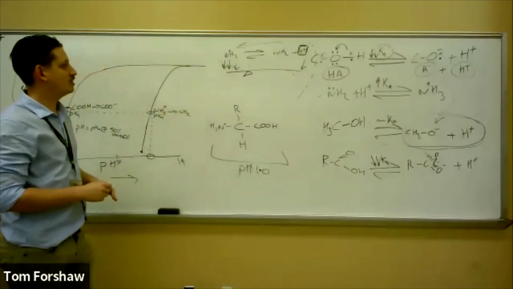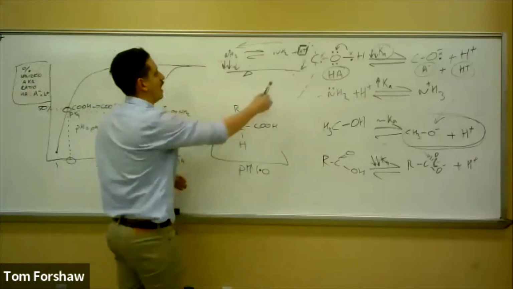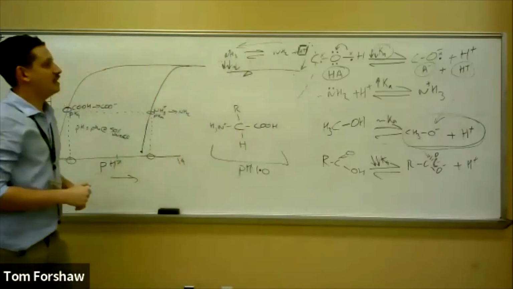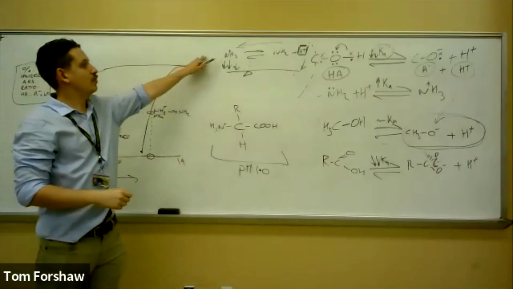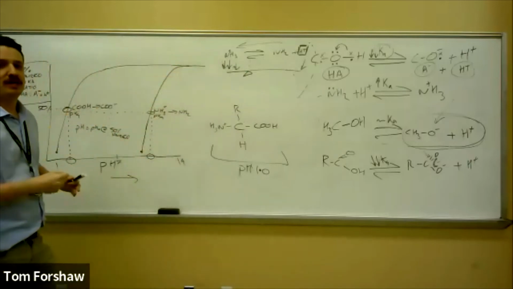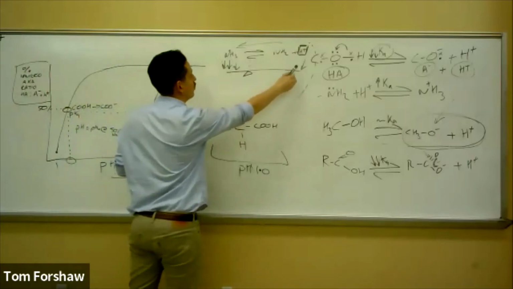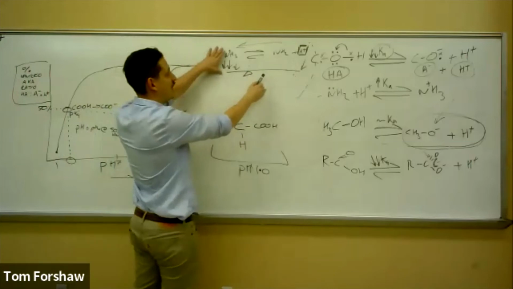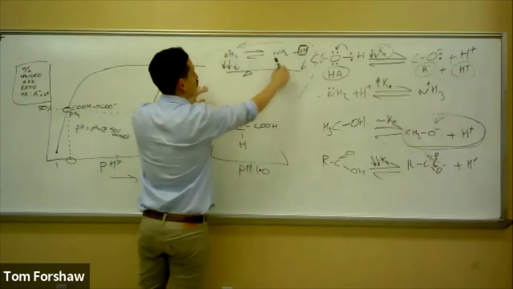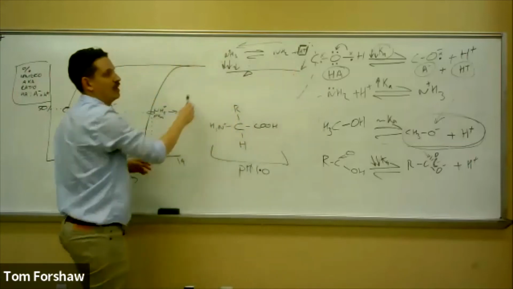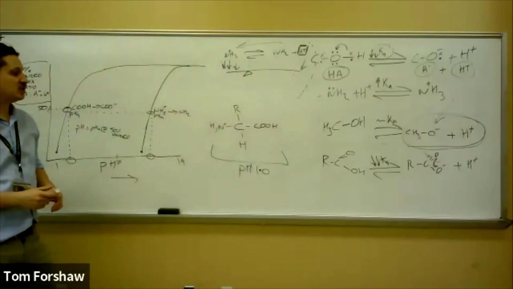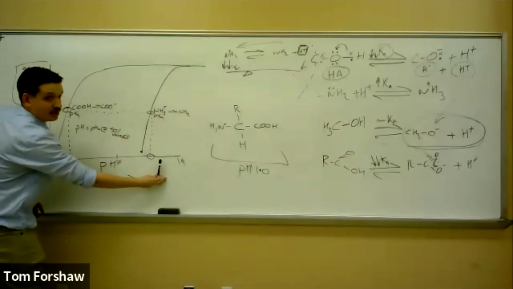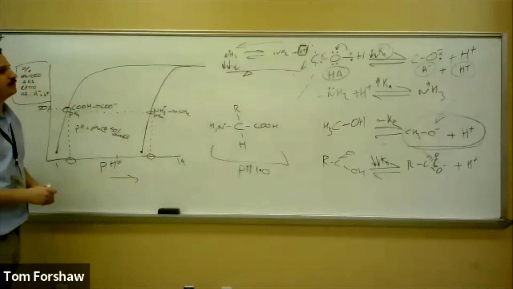And so if you have any amount of hydrogen ions in a solution, then the amine group is going to want to take them up. It's going to want to reduce this side as much as possible and make this side as much as possible. It's going to be a higher concentration of this, but a lower concentration of this. The position of the fulcrum is more on this side, because the position of the pKa is more on this side.